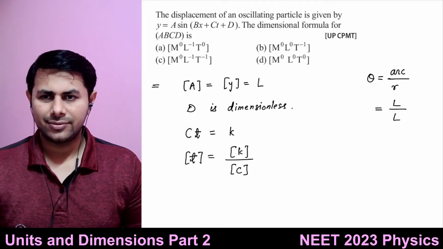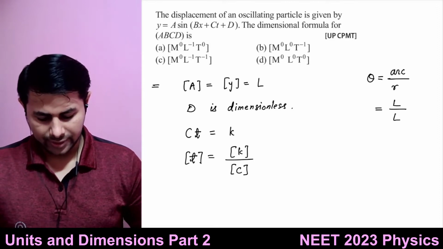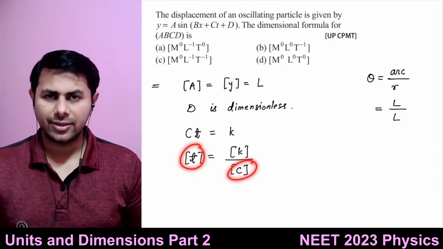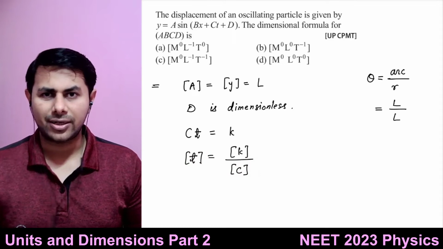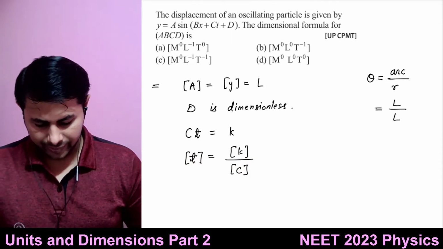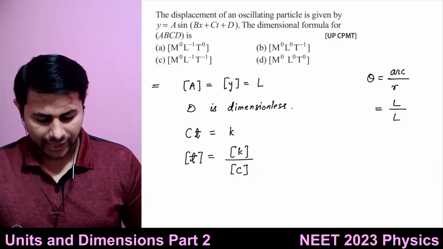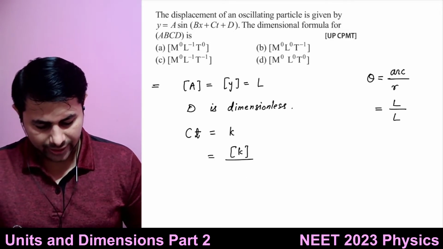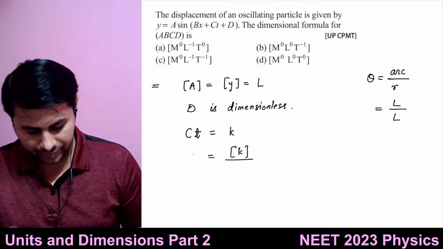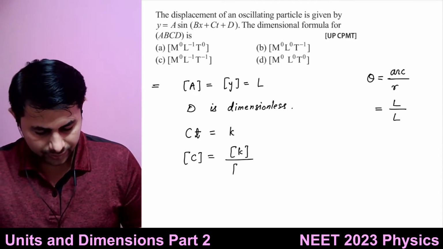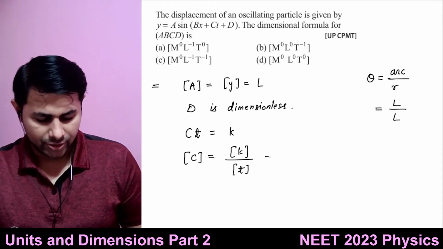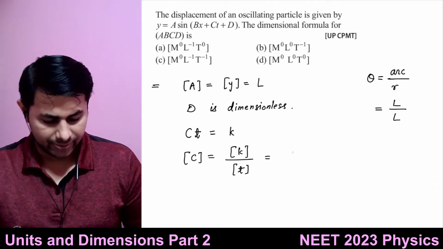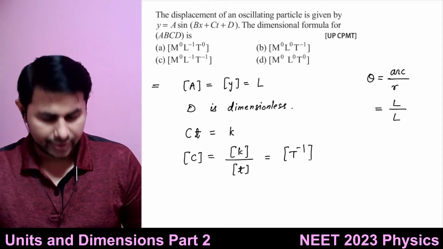Since I want the dimensions of c only, I keep c on this side and t on the other. C is equal to 1 by t, so the dimensions of c are 1 by t, that means t raised to minus 1.